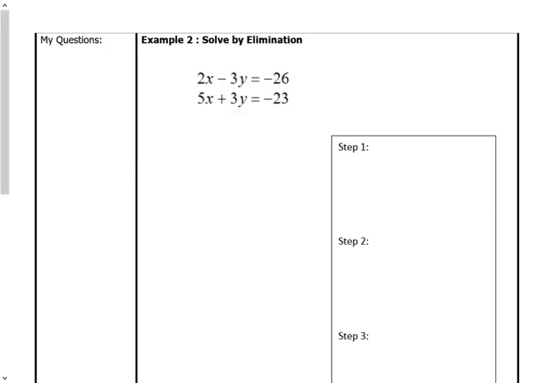Now let's do elimination. Now, elimination, our first step is not going to be solve for y. Our first step is actually to identify a variable to eliminate.